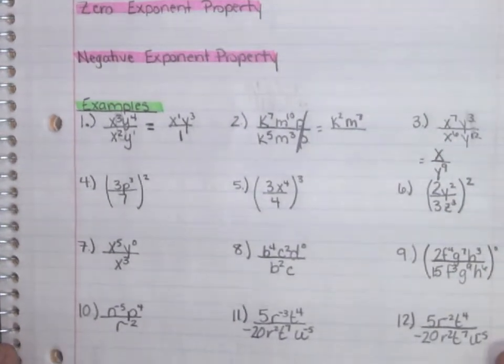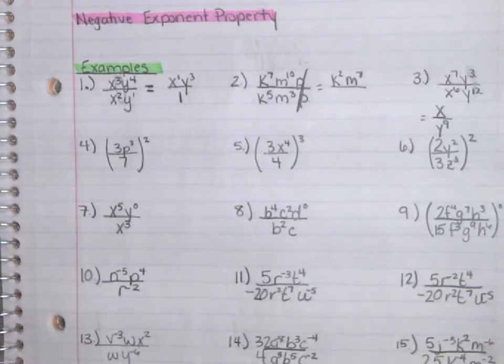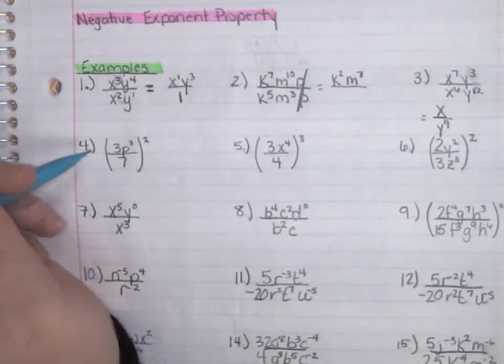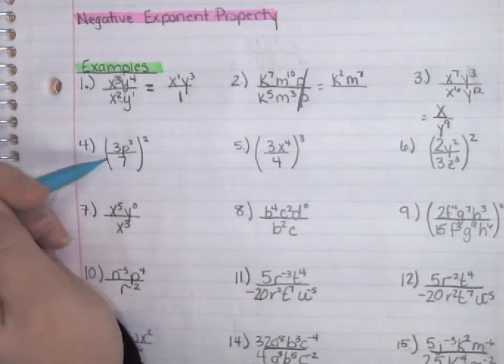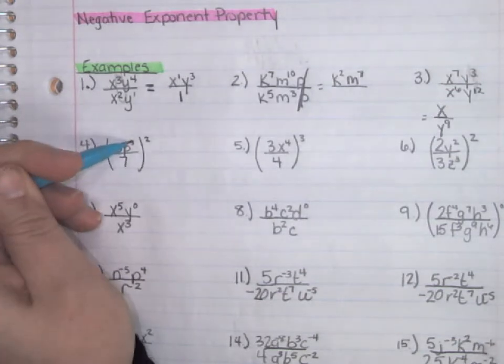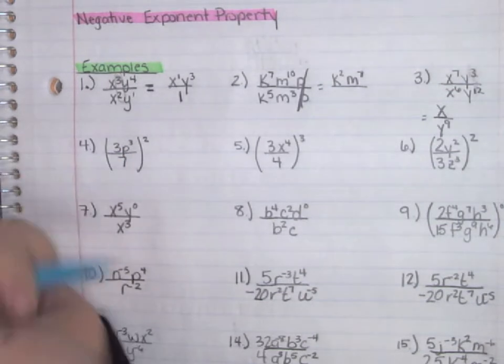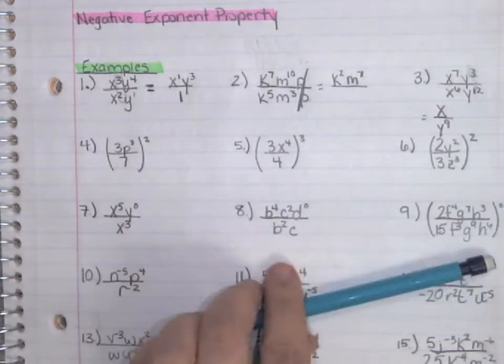So then that's where we come to these 3 examples. So we have 4, 5, and 6. So let's look at 4. Inside the parentheses, you have 3p to the 3rd all over 7. All of it is being squared.